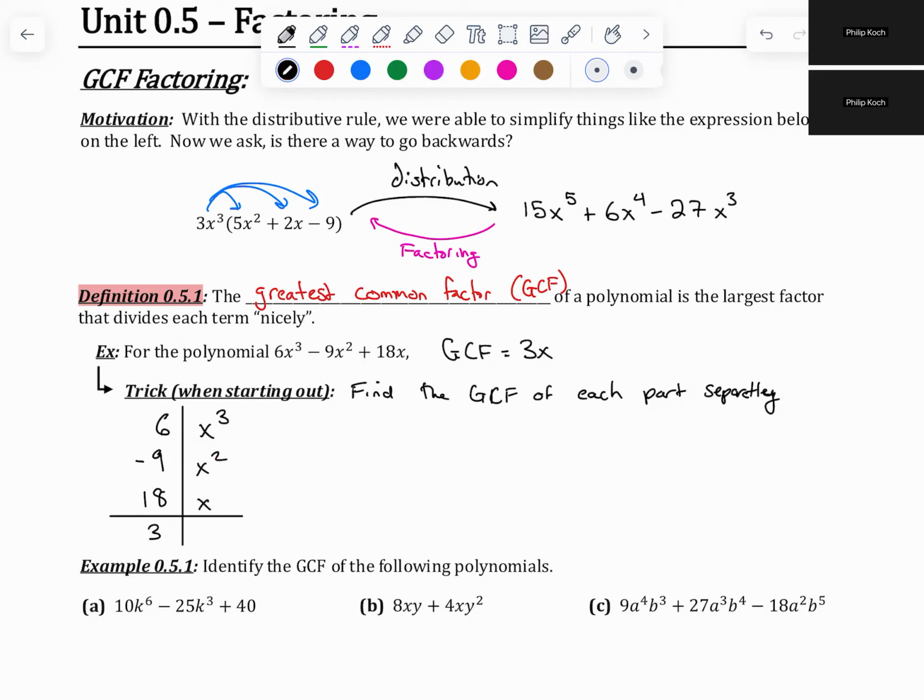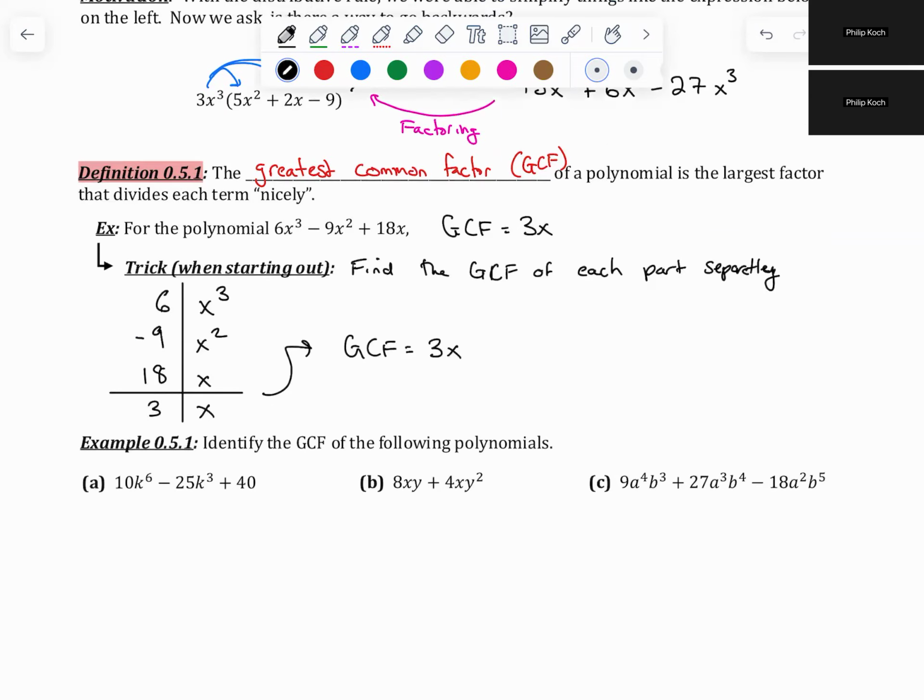If I divided x squared by x cubed, I'd be left with x in the denominator, which I don't want. x squared goes into x cubed, but it doesn't go into x, because you'd have a leftover x in the denominator once again. So that's why it's going to be x. The GCF is equal to 3x.